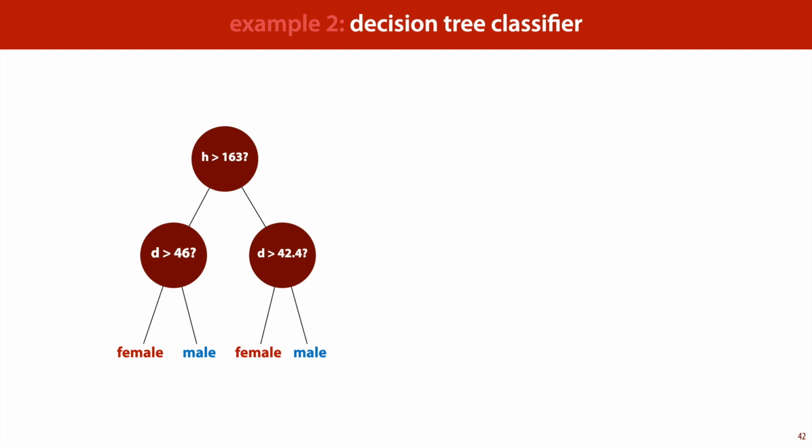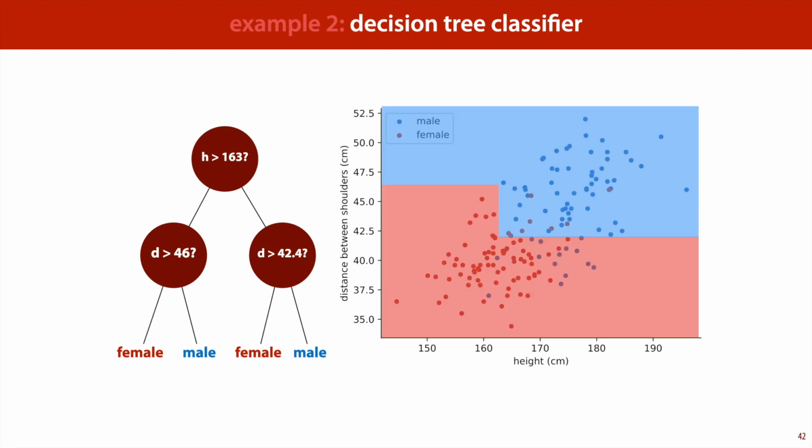And at some point, we end up at a leaf in the tree, and all the leaves in the tree are labeled with classes. And when we end up at a leaf, we simply label the example with that particular class. And for a structure like that, the coloring that we end up with in feature space looks like this. And the shape that any classifier draws in feature space to segment the two classes is called the decision boundary.